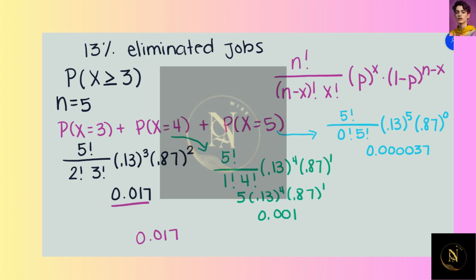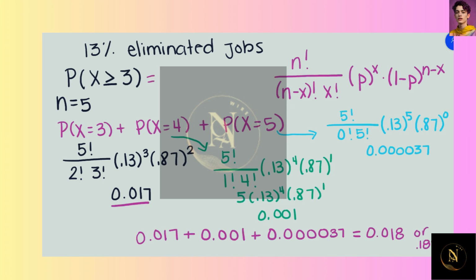So now the last thing I do is add those 3 probabilities. 0.017, which is the probability that x equals 3, plus the probability that x equals 4, which is 0.001, plus the probability that x equals 5, which is 0.00037, which is equal to 0.018, or 1.8%.